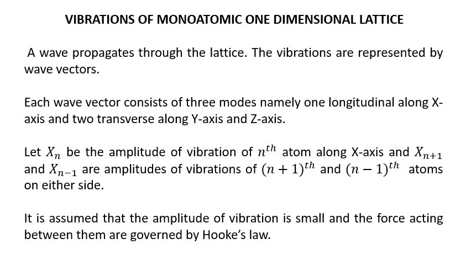Consider xn to be at the center. On one side is the xn plus 1 atom, and on the other adjacent side is the xn minus 1 atom. In the next slide I will show the image, then you will clearly understand the things.